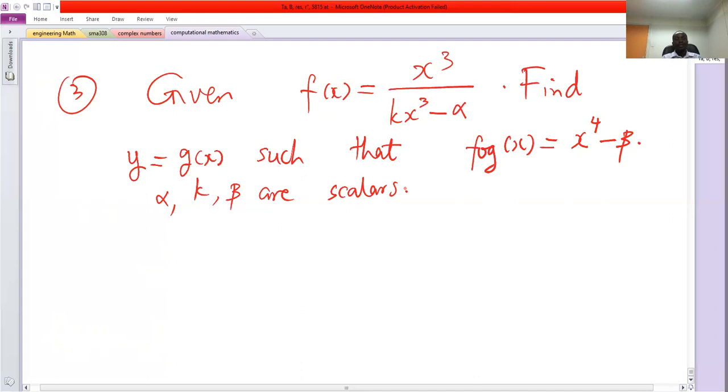So the problem is very simple if you understand composition of functions.